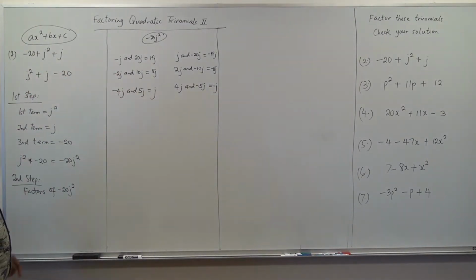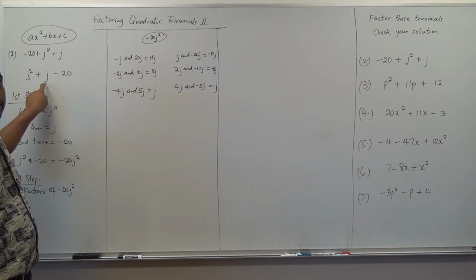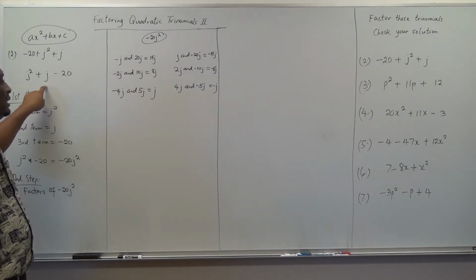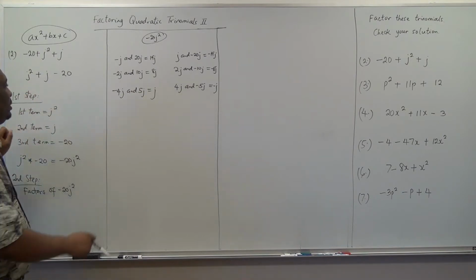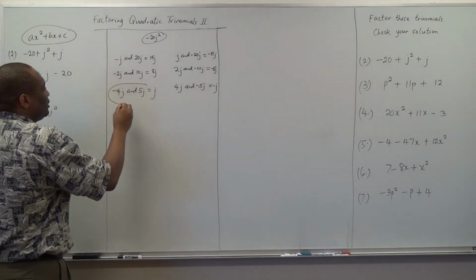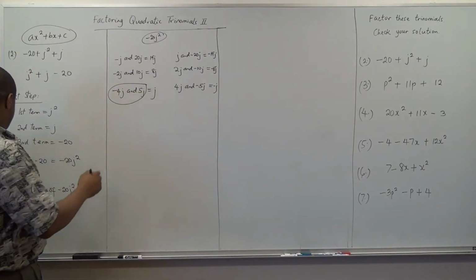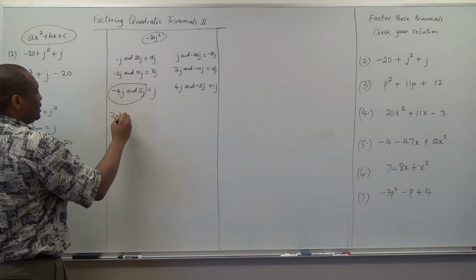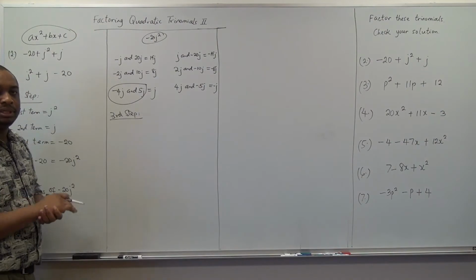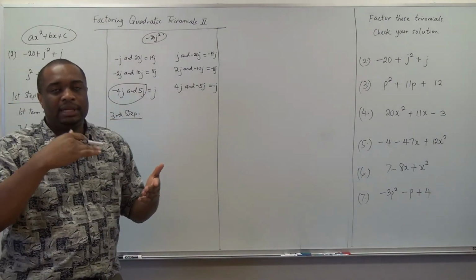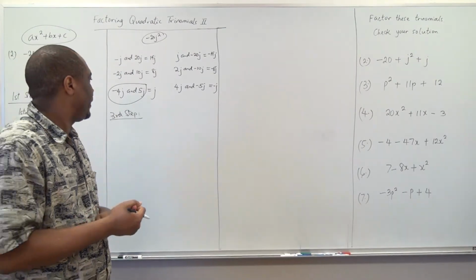Right? So we look at which one gives us the second term. And the second term is j. So we see that it is these two factors that give us the second term, j. So we now have the third step. Now in my other questions, I will not write first step, second step, because I expect you to be familiar with it, right?